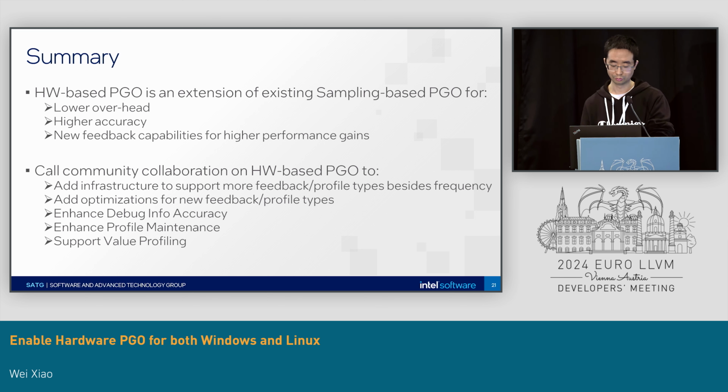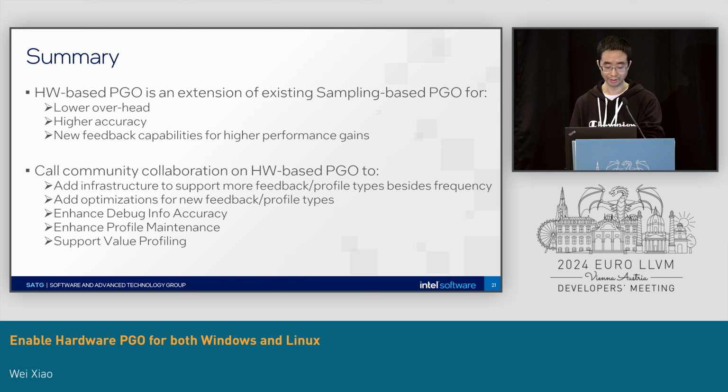And there is a lot of work to do for the community to collaborate on the infrastructure to support the new capability, new profile types, and add more optimization paths for these new types, and enhance the debug information, profile maintenance, and even support the value profiling in the end. So let's work together on the hardware PGO for this new stuff. That's all. It's time for questions. Thank you.